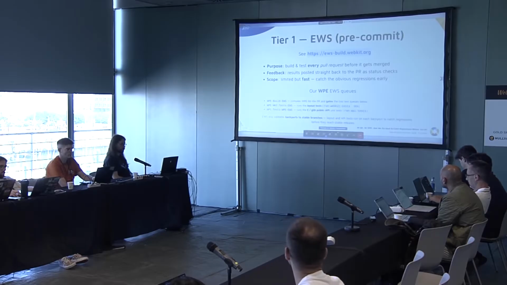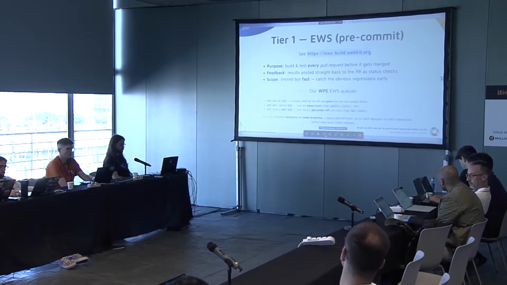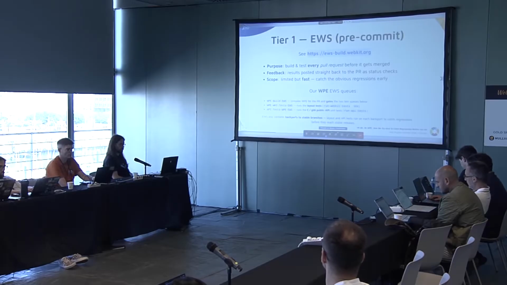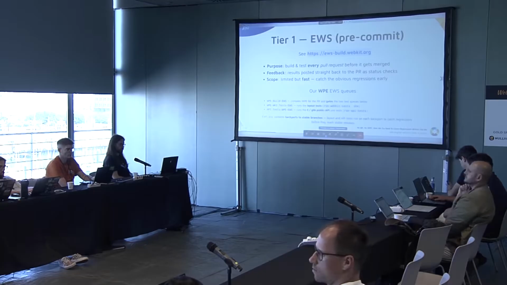The scope for testing is limited here because we need to be fast. You don't want to wait 8 hours for an EWS result to appear, but it should come quickly, so you can quickly iterate on your patches. For WPE specifically, we have 3 queues running. One is the build queue that you saw before, the first entry. Then there is the test queue, which runs the layout tests, more on that later, and the API tests.